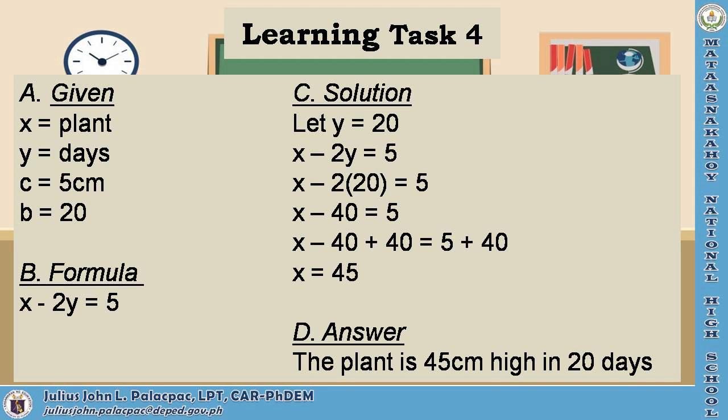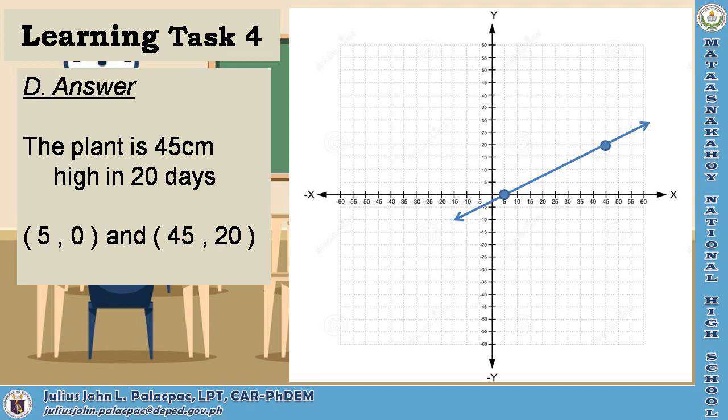X minus 40 is equal to 5. So we will add 40 on both sides. So X minus 40 plus 40 will become 0. 5 plus 40, so X is 45. So graph the number of days against the growth of the plants. So if Y is 0, X is 5.